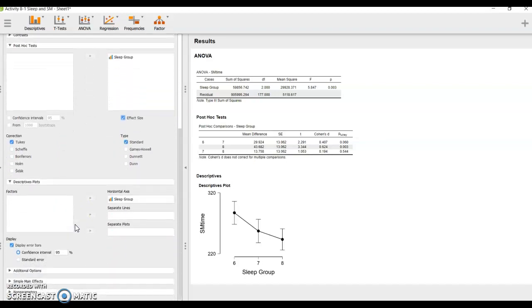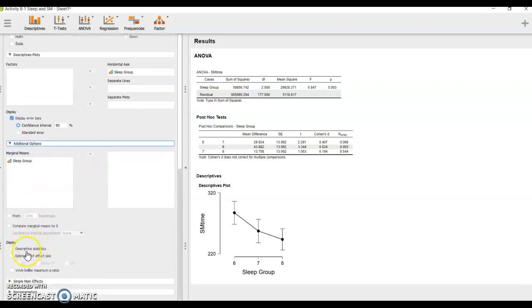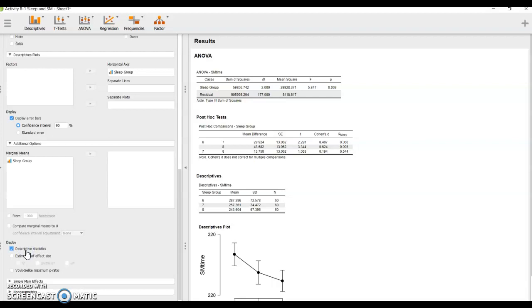All right. One other thing while we're doing this, click on additional options so that we can get descriptive statistics. We haven't gotten those yet. Okay. So the descriptive statistics box gives me the means and standard deviations for all three of our groups. Right? So we're getting the mean number of minutes people use social media in those three groups.